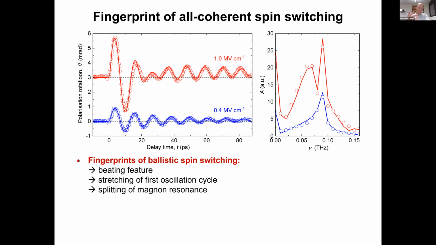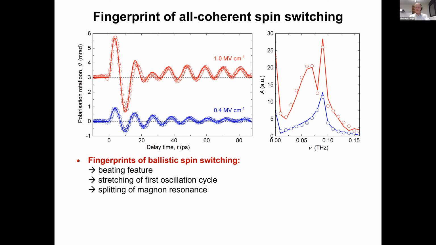So summing up, in this case, the antenna enabled us to drive spin switching in an antiferromagnetic material on a very short time scale, actually within about one oscillation cycle or less than the oscillation cycle of the spin itself.